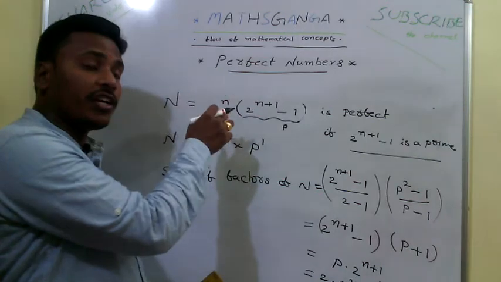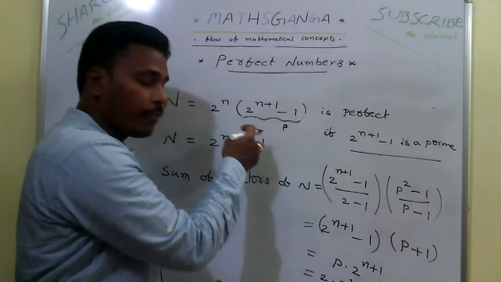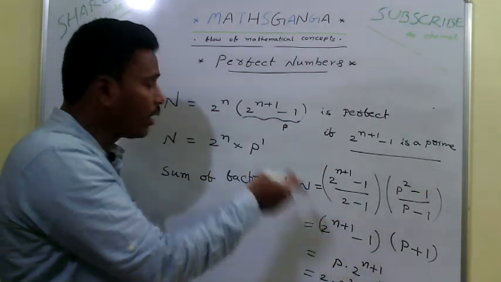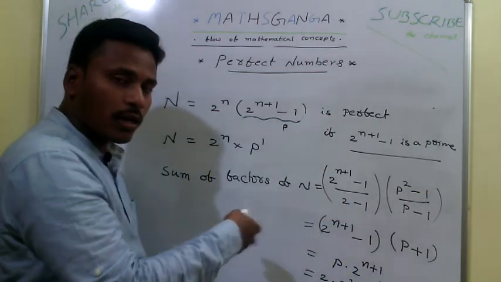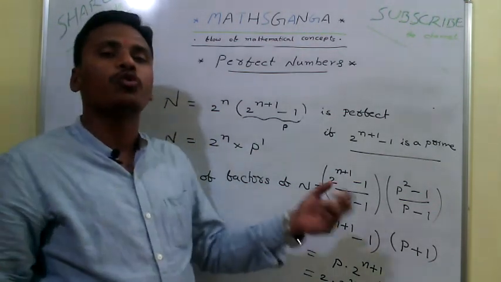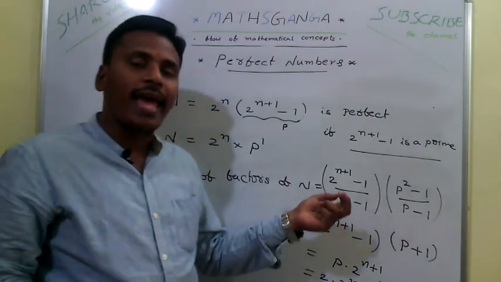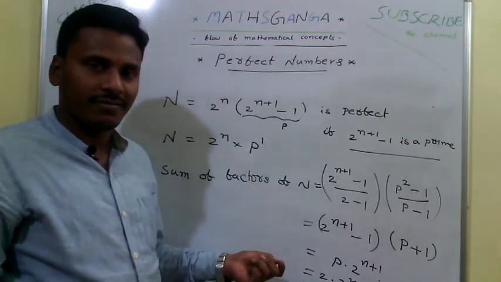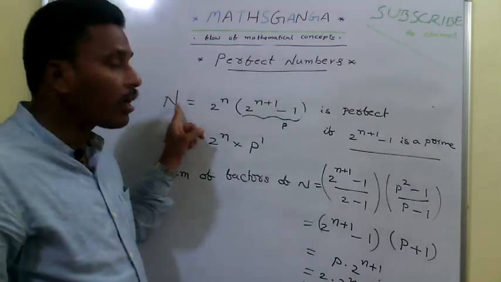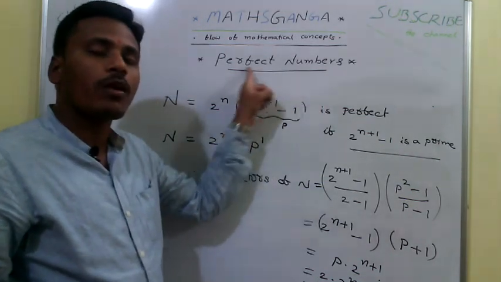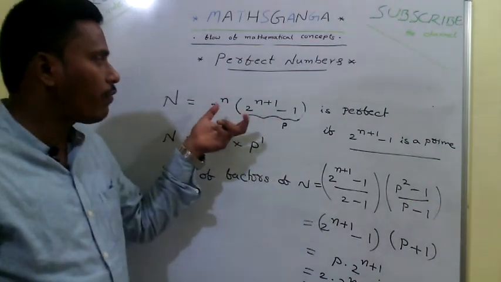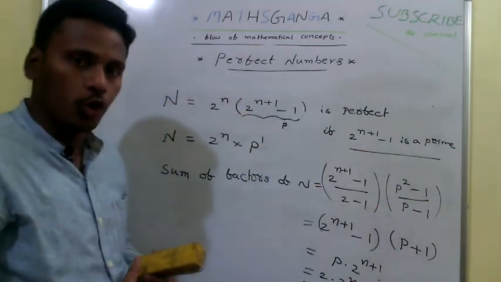We consider 2^(n+1) minus 1 as p, so the first value is p and the second value in the product is p plus 1, which is 2^(n+1). On simplification, the sum of the factors of n is 2n. Since the sum of all the factors of n is 2 times the number n, we confirmed that n is a perfect number only if 2^(n+1) minus 1 is a prime. This contribution to mathematics is from the mathematician Euler.